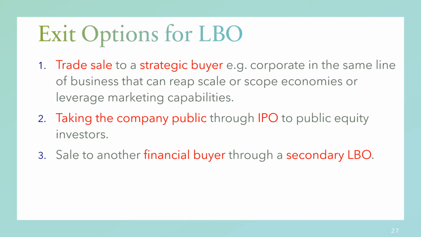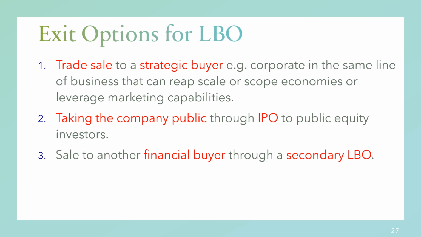There are three ways. First, trade sale to a strategic buyer, for example, a corporate in the same line of business that can reap scale or scope economies or leverage marketing capabilities. Second, taking the company public through IPO to public equity investors.